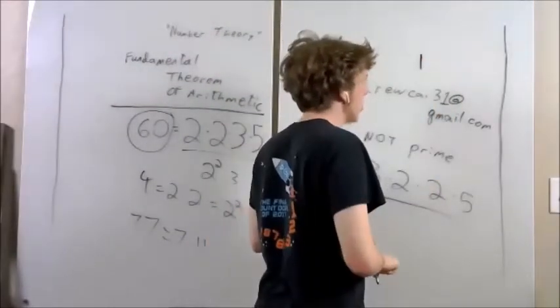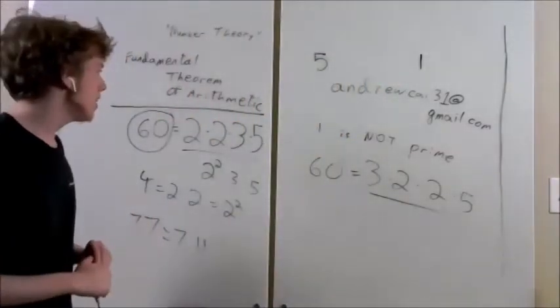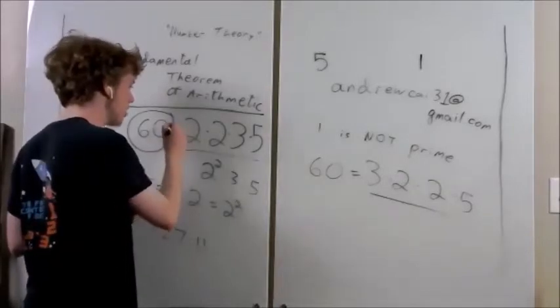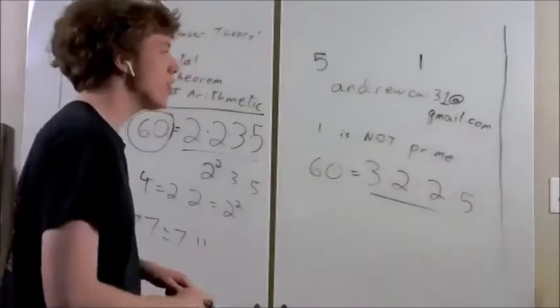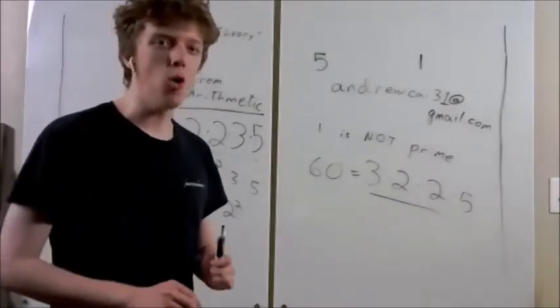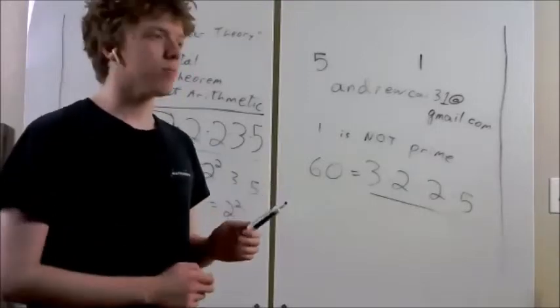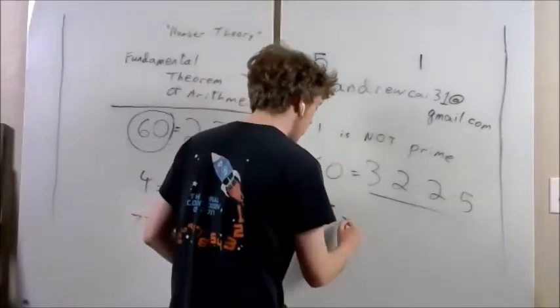Or here's one that might seem a bit tricky. 1, well, how do you write that as the product of prime numbers? Well, we'll fudge around with our definitions a little bit to make this as nice as possible, and we'll say that if you have the product of no prime numbers, it's 1. That might seem a little bit weird. If you multiply 3 times 5, it's 15, sure.